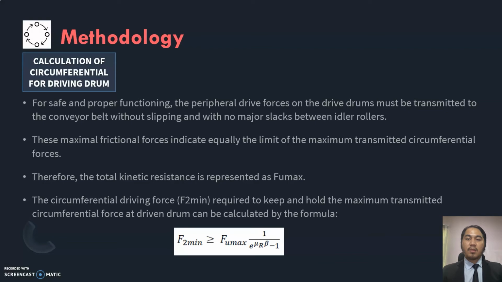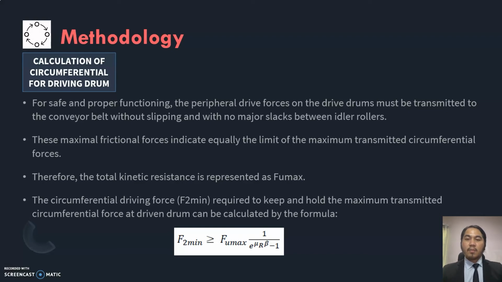The maximal frictional force equals the limit of the maximum transmitted circumferential force. Therefore, the total kinetic resistance is represented as Fu max. The circumferential driving force F2 min required to keep and hold the maximum transmitted circumferential force at the driving drum can be calculated by this formula.